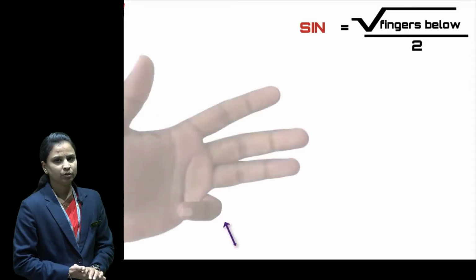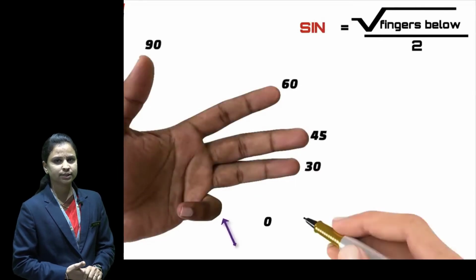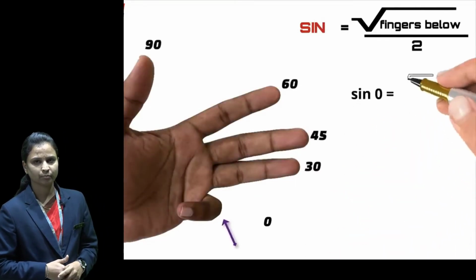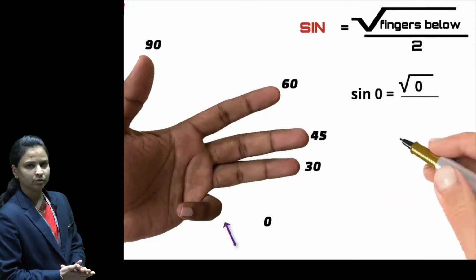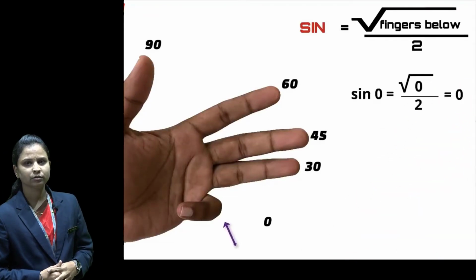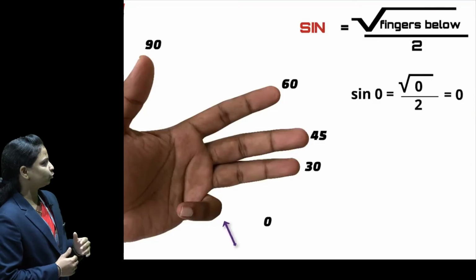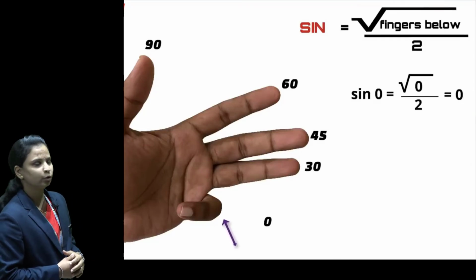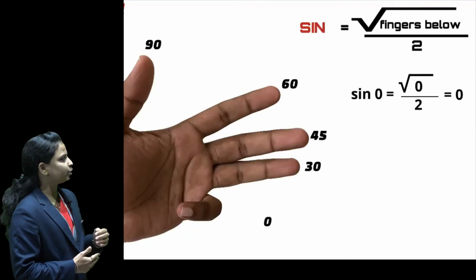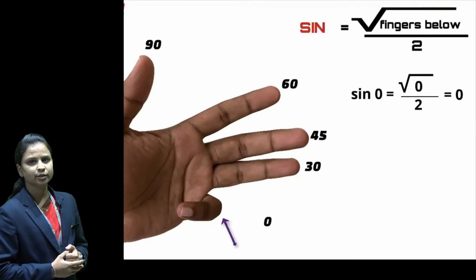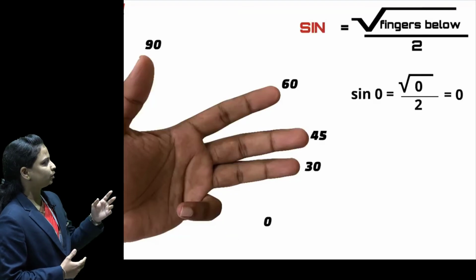According to our rule, we need to count fingers below the little finger. For sine 0, there is no finger below the little finger. So sine 0 is equal to square root of 0 divided by 2. Square root of 0 is 0. So we get 0 divided by 2, which is equal to 0.